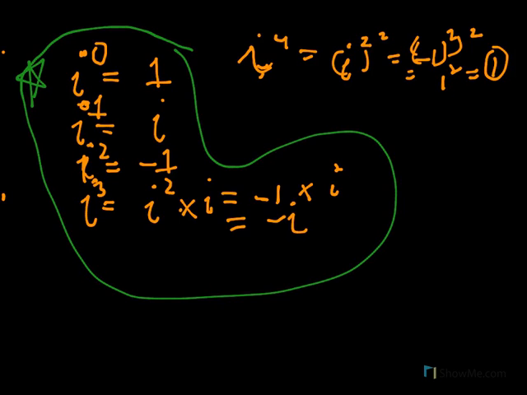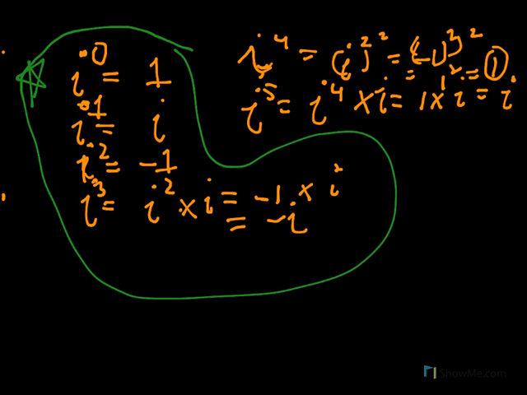In the same way, if I were to find i to the 5th, this is going to be i to the 4th times i, which is 1 times i, which is i.